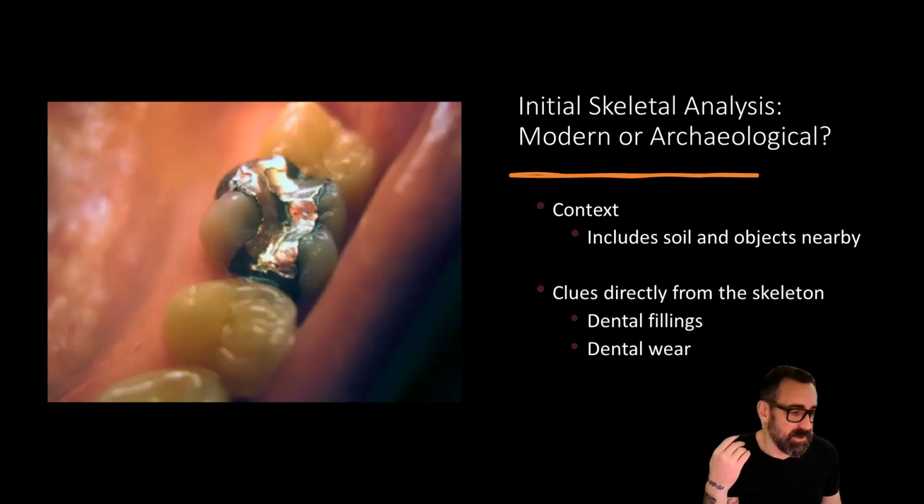Dental wear, you can look at material in the teeth, the stuff that people eat. Lots of stuff can tell you if it is modern or archaeological, like the kind of stuff it's buried with, if there's any clothing associated with it.